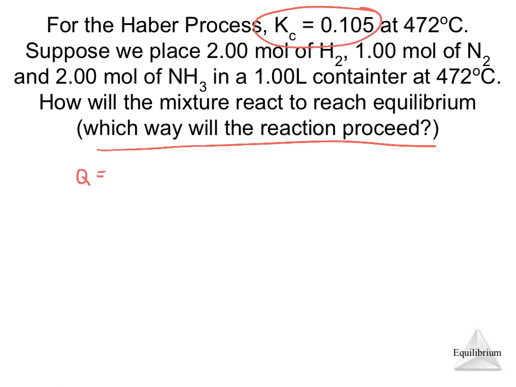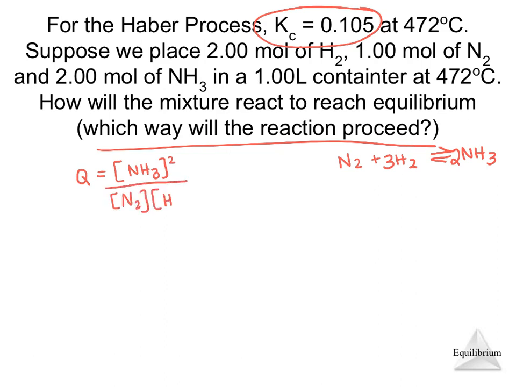So Q, and you guys, the Haber process is N2 plus H2 gives us NH3. Hopefully we know this at this point. Get it balanced out there. So Q is going to be equal to [NH3] squared over [N2] and [H2] cubed. So remember, the brackets mean concentration.